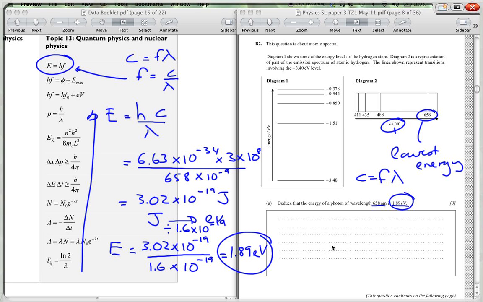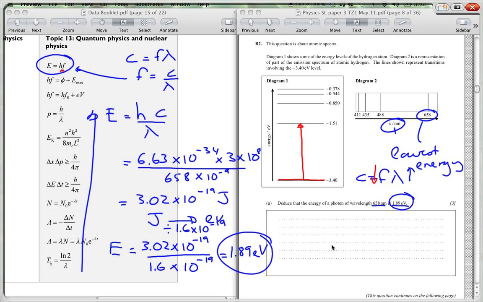If you've got a long wavelength, your frequency must correspondingly be low, and because your energy is proportional to your frequency, you've got your lowest energy. So, because we're dealing with this minus 3.40 eV, it must be this one over here, which will be the lowest energy difference.